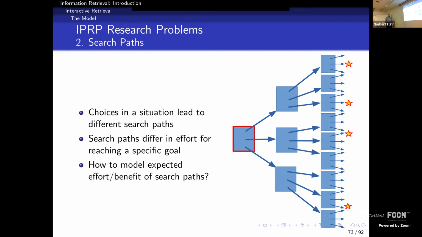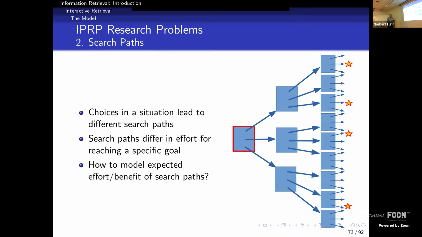And there are 3 choices. And each of these 3 choices will lead to another set of choices. And then here with the star, we see the relevant document. So the task of the user is to make the choices that lead him or her to a relevant document. That's in this simplistic example.